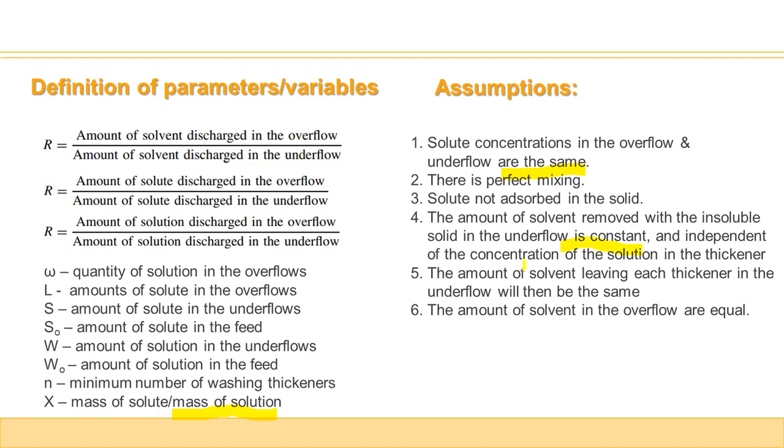So meaning, even though the concentration of the solution varies, this could be attributed to the change in the amount of the solute, but not that your solvent is changing in the underflow. So number 5, the amount of solvent leaving each thickener in the underflow will then be the same.